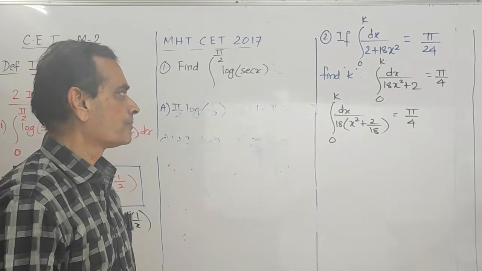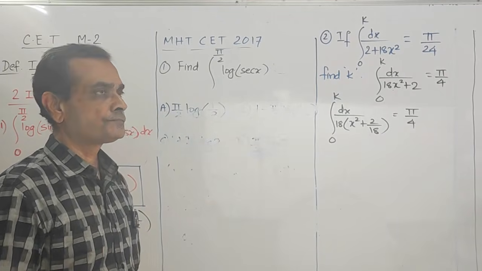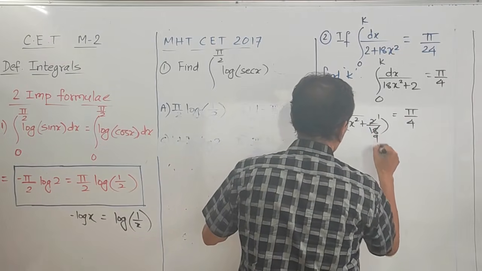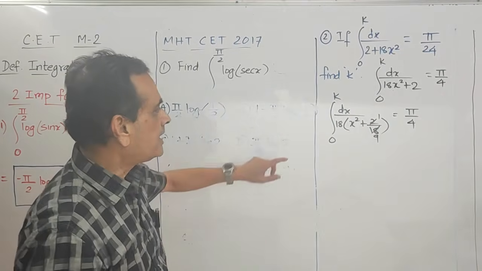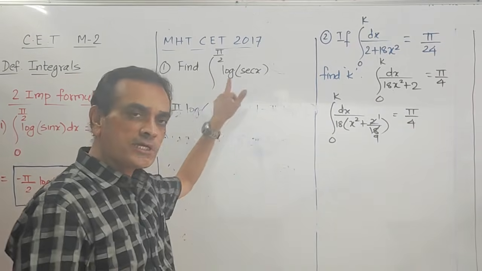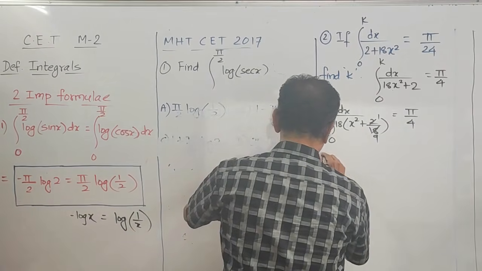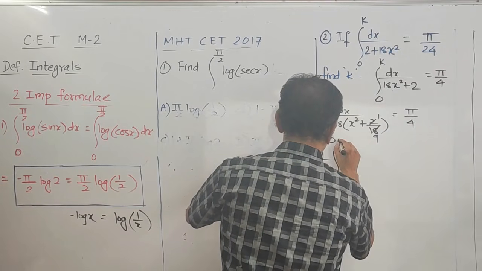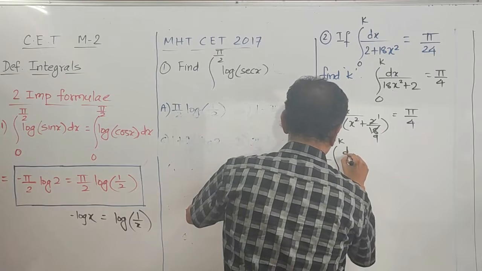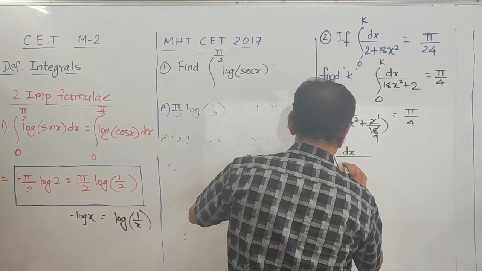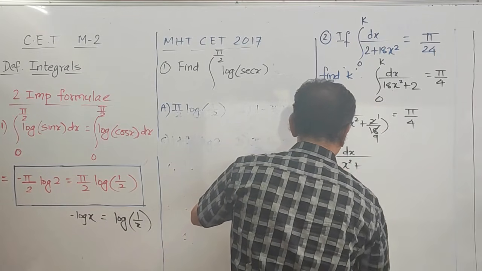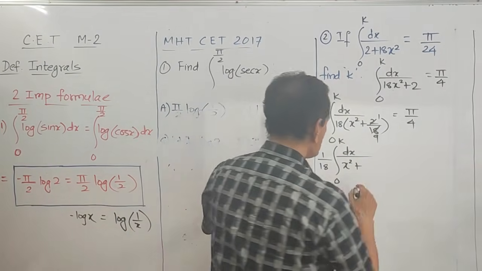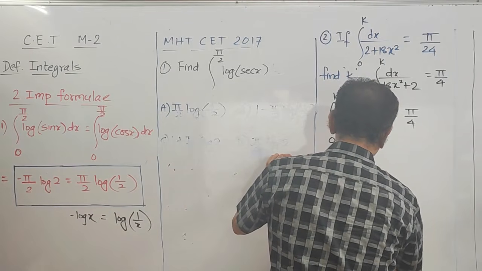Basic maths. Two ones are 2, 2 nines are 18. Now this 1 upon 18 take outside the integral. Okay, one more thing. This 1 upon 9, I'm going to write it as 1 upon 3 bracket squared.